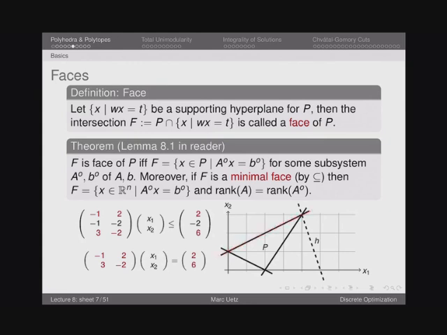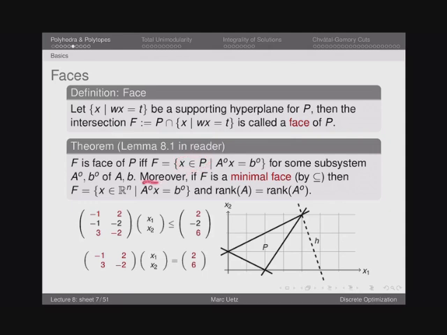And so if I just take this subsystem, okay, so the first row here, then that would describe me this line here, and then the intersection with the polyhedron exactly would give me this face here. So I need to intersect with the polyhedron.